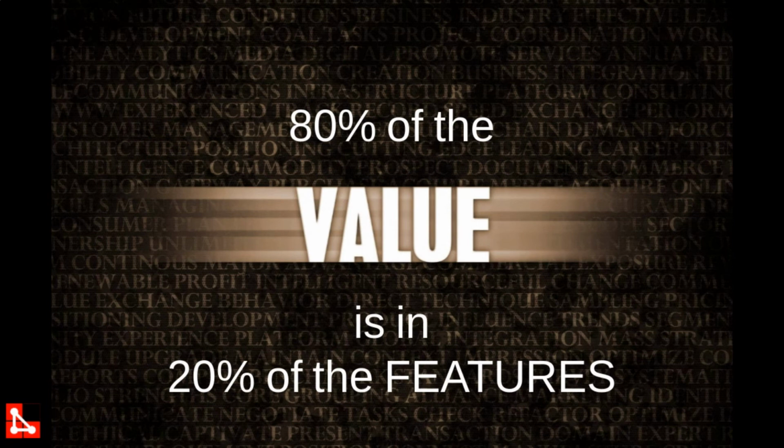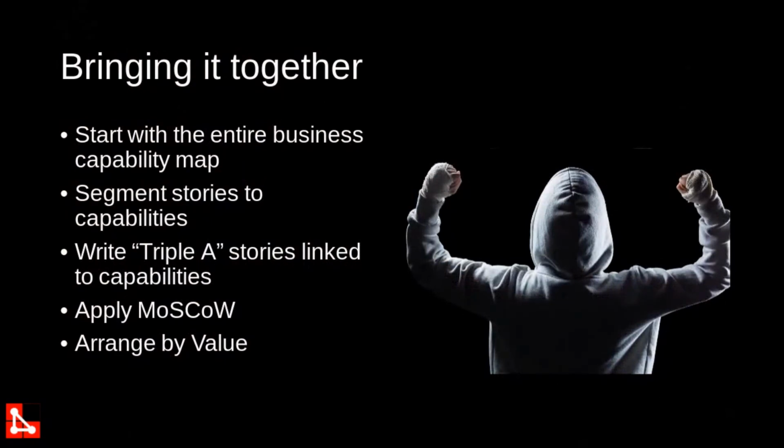So bringing it all together. The first thing to do is start with the business capability map. Who remembers what is the common feature of the business capability maps? How different are they amongst organizations? Yeah, that's correct. They're all the same. Well, not exactly the same.